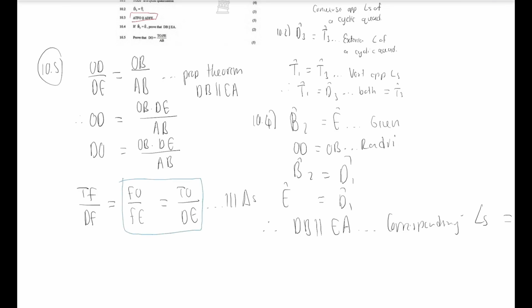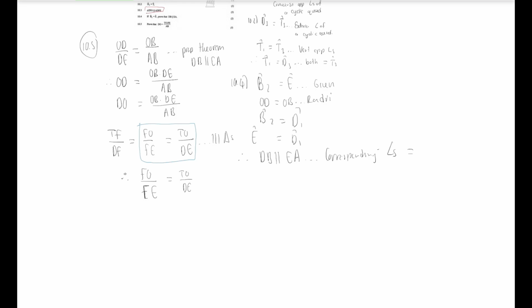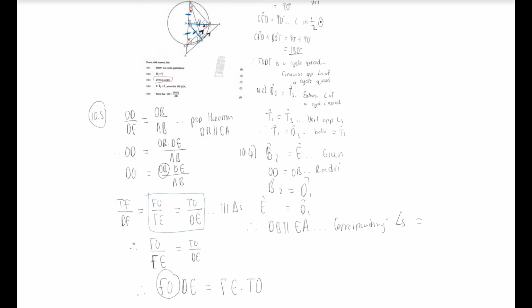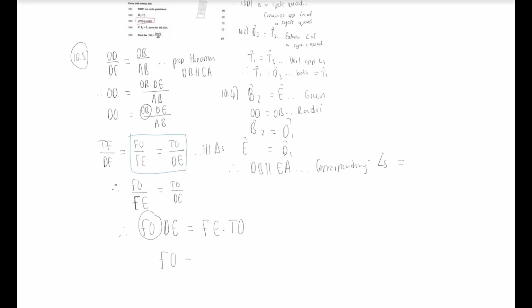So I just say, therefore, FO over FE equals TO over DE. And if I cross multiply, I'm going to get therefore FO times DE equals FE times TO. And then remember, we said that this FO equals this OB. So we just indicate that FO equals OB. And why? Because they are both radii. Right.